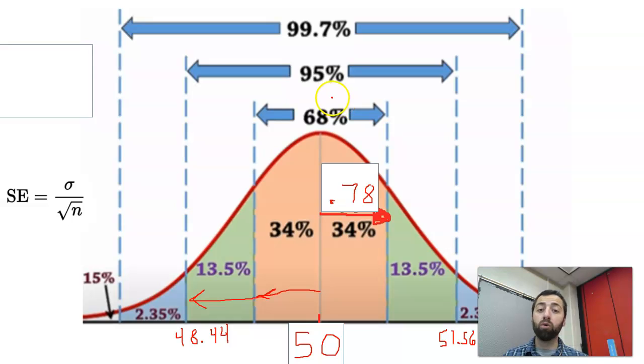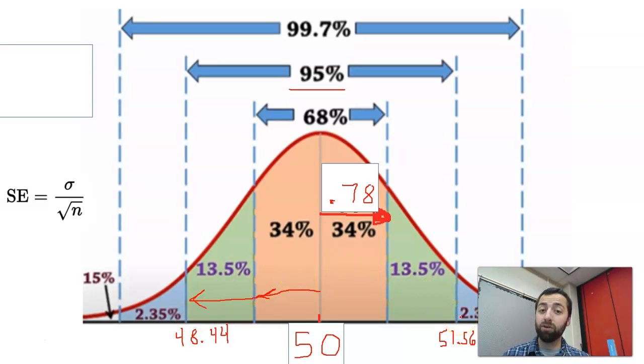Now according to the empirical rule, if this station is right and the true average is 50, then 95% of all possible samples will have an average between 48.44 and 51.56.